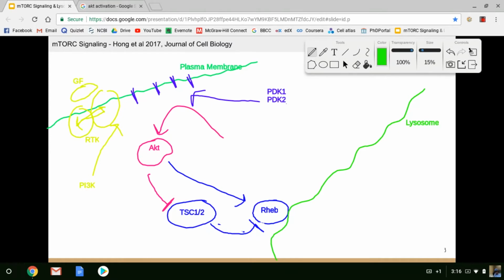This activation of Rheb occurs on the lysosome. And when Rheb has GTP, because TSC has been inhibited, TSC likes to turn Rheb-GTP into Rheb-GDP, which is the inactive form. But if TSC is gone, then Rheb is going to have GTP.